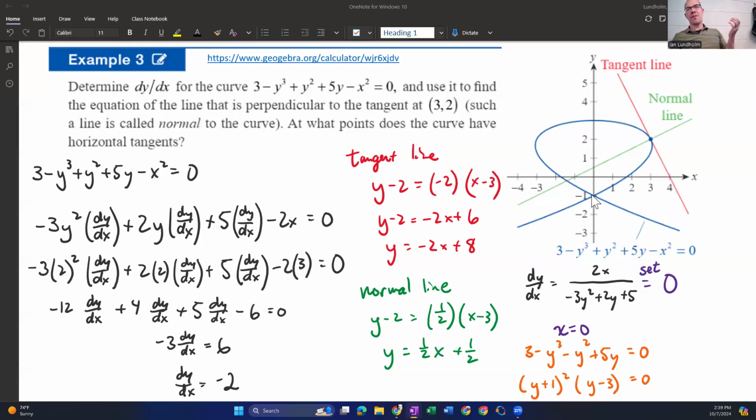And I'm not going to ask you to factor cubic equations. There is a cubic formula. This is kind of crazy. But the point where this actually has a 0 slope is where the top function is 0, but the bottom function isn't 0 at the same time.